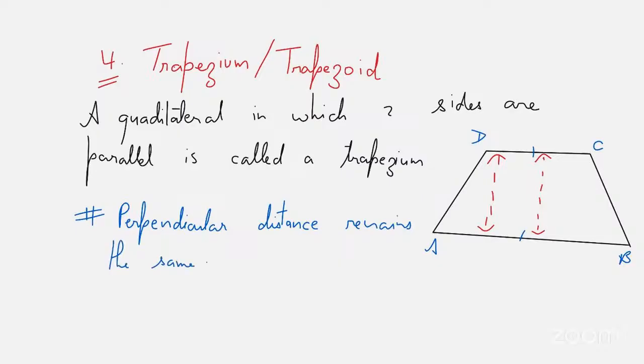A trapezium would have two diagonals. But it will also have altitudes. How will I make an altitude?